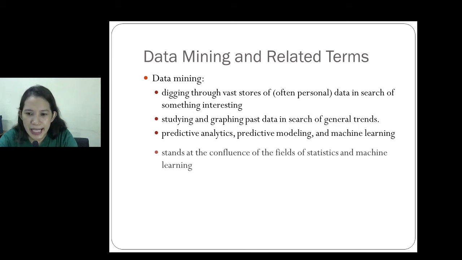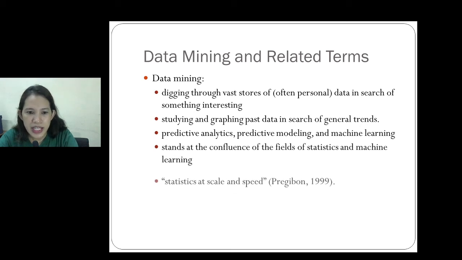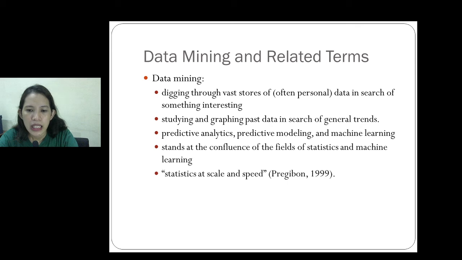But the core tenets of classical statistics, which are that computing is difficult and data are scarce, do not apply in data mining applications, where both data and computing power are plentiful. This gives rise to the definition of Daryl Pregibon: his description of data mining is statistics at scale and speed.